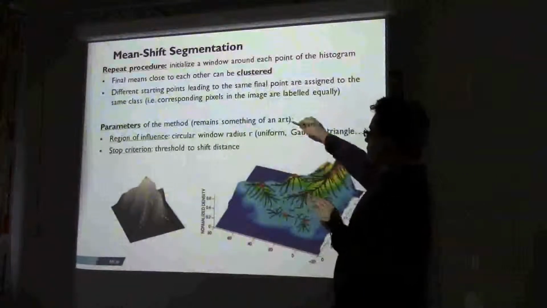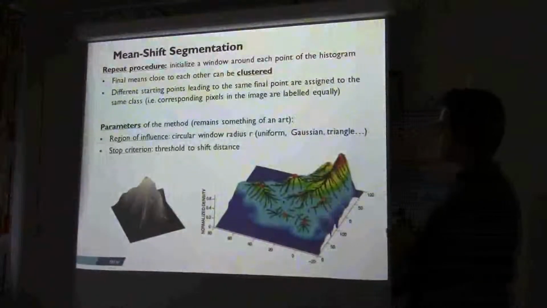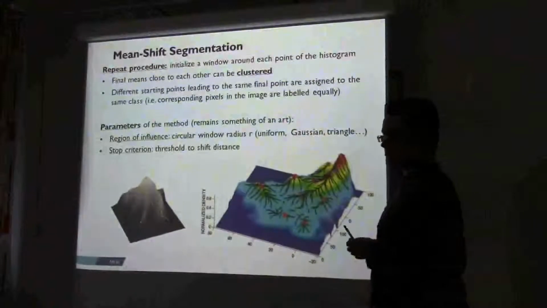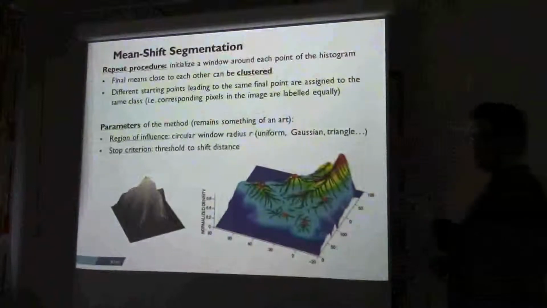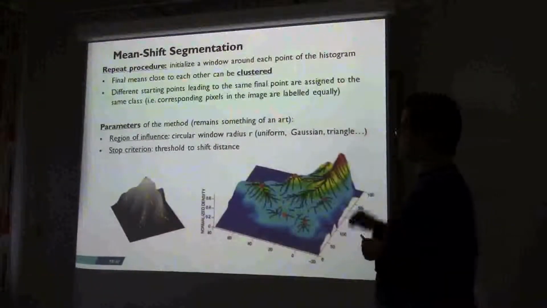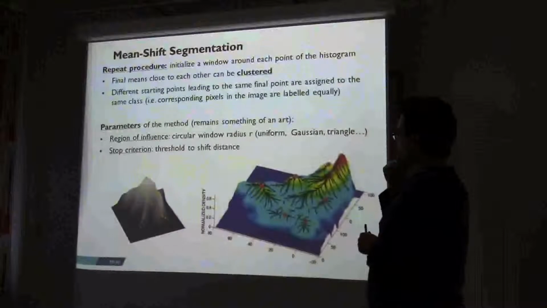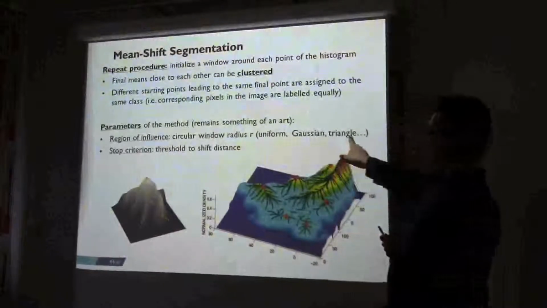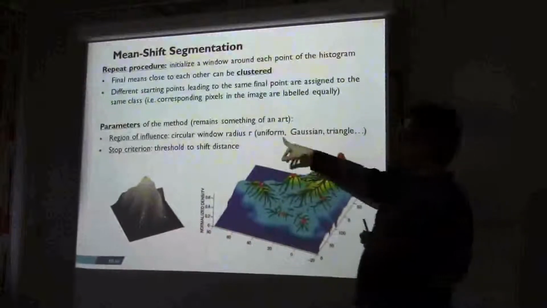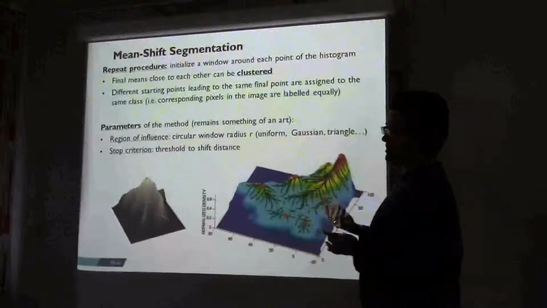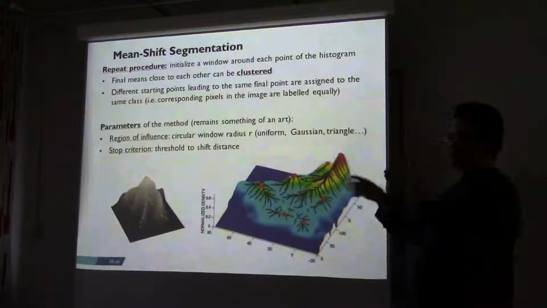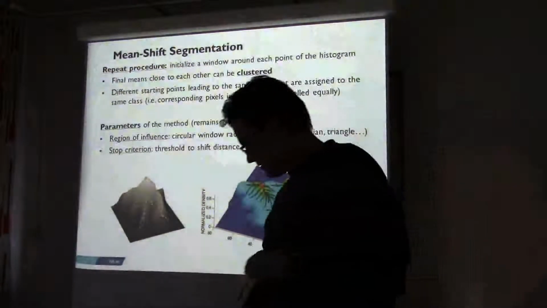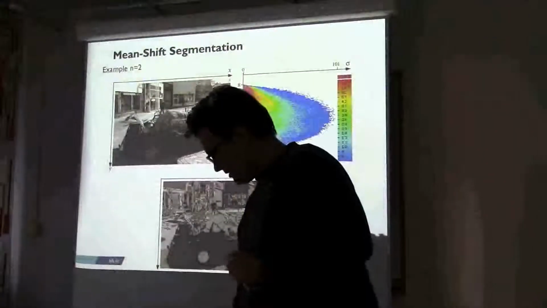These are the two important parameters here, and which parameters you use depends on your application. You do your tests, and you find your optimum parameters based on your problem. You can also use different types of windows when you are moving. You can use a uniform window, or any kind of window that weights the pixels based on the distance to the center. Gaussian, triangle, whichever.